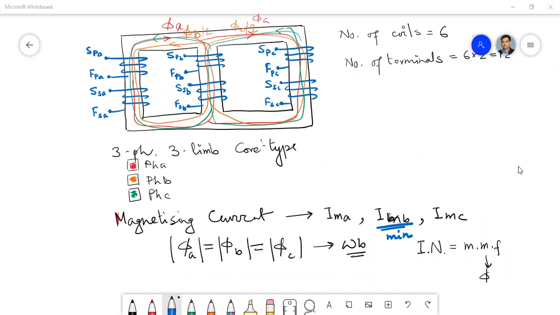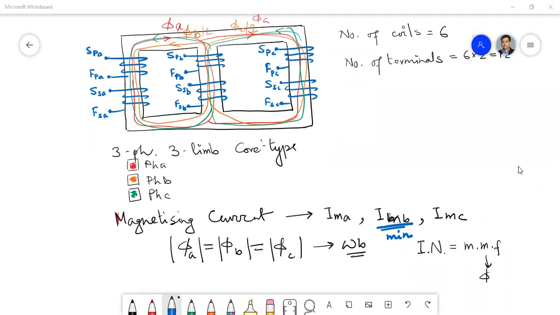Flux is the product of the magnetic circuit, and the current is the product of the electrical circuit, so there are two different things: one is the magnetic circuit, another is the electrical circuit. For electrical circuits the variables are voltage, current, power, etc., and for magnetic circuits the variables are mmf, flux, magnetic field intensity, flux density, etc. These are the terms which we use for magnetic circuits only.